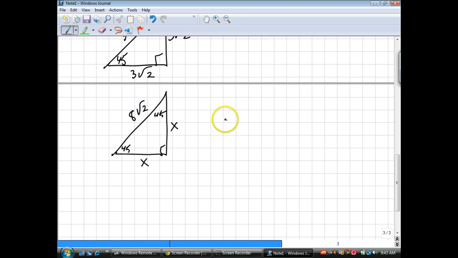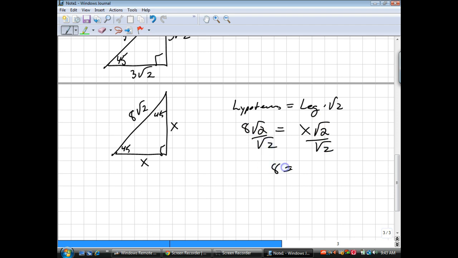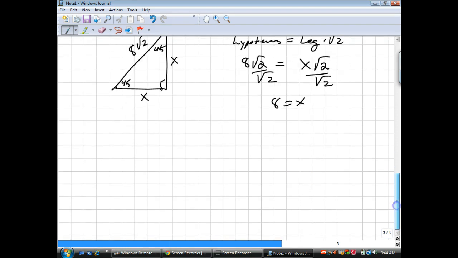The hypotenuse is equal to the leg times square root 2. So 8 square root 2 has to equal x times square root 2. If I divide both sides by square root 2, I get 8 equals x. So each leg has a length of 8.